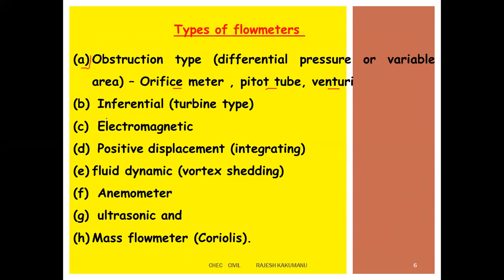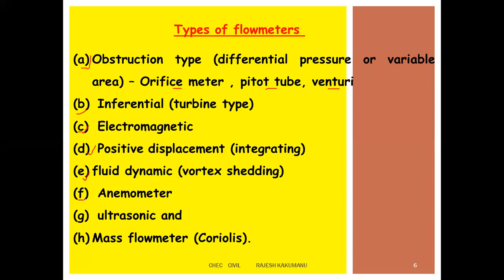Right. Second one, inferential type, turbine. Third one, electromagnetic type of measuring device. Fourth one, positive displacement type of meter. Next one is fluid dynamic device.